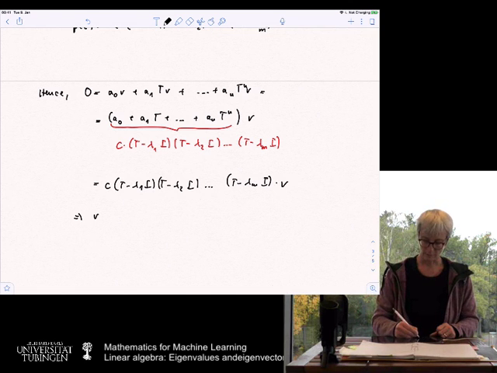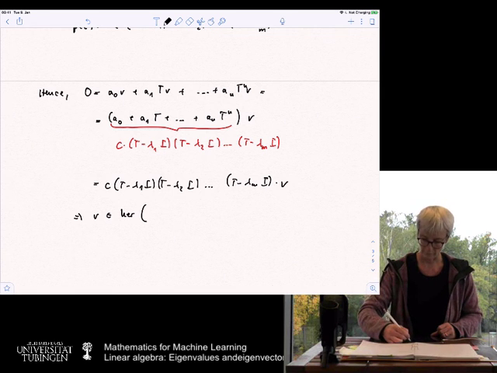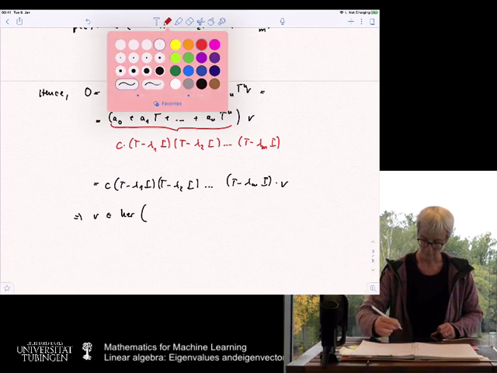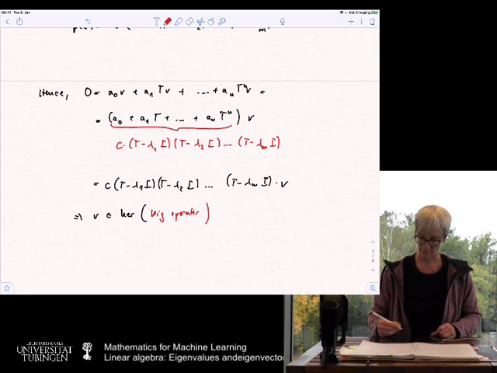So this means v is in the kernel of, maybe I give this operator a name, it is a bit cumbersome, of the big operator. The big operator is the red one I have up here.